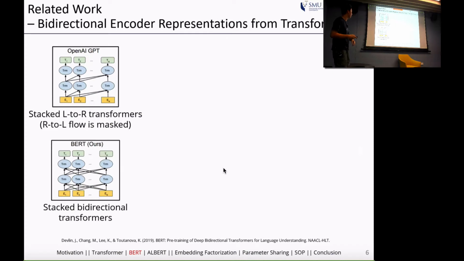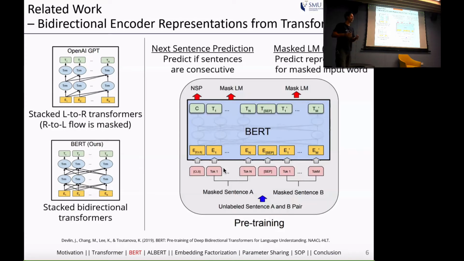Okay, so we take a closer look at BERT. So for BERT, there's 2 parts to using BERT to solve an NLP task. The first part is called pre-training, where they take 2 sentences that are not labeled, and they pass them through the BERT model, and they calculate the loss using these 2 tasks: next sentence prediction and masked language model.